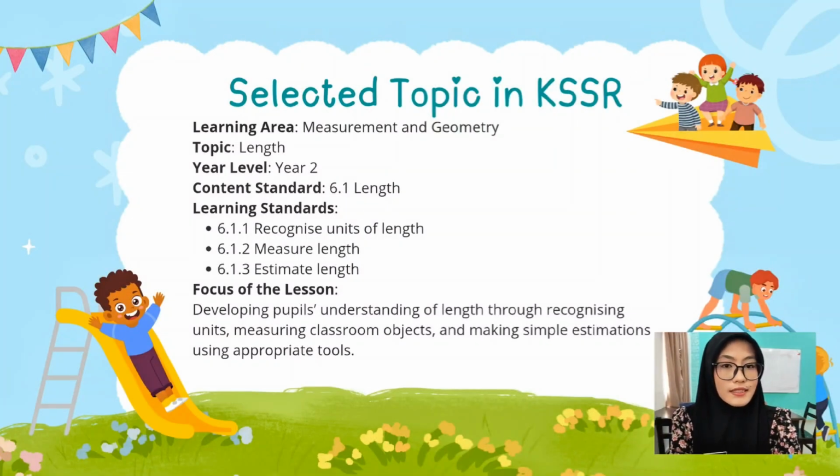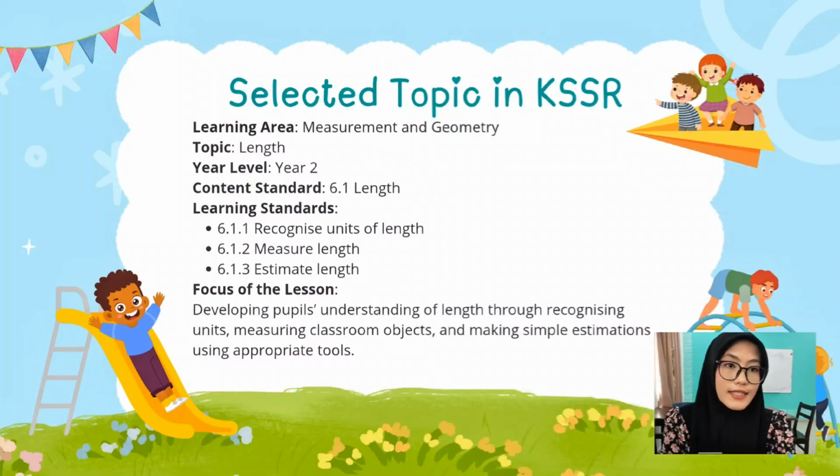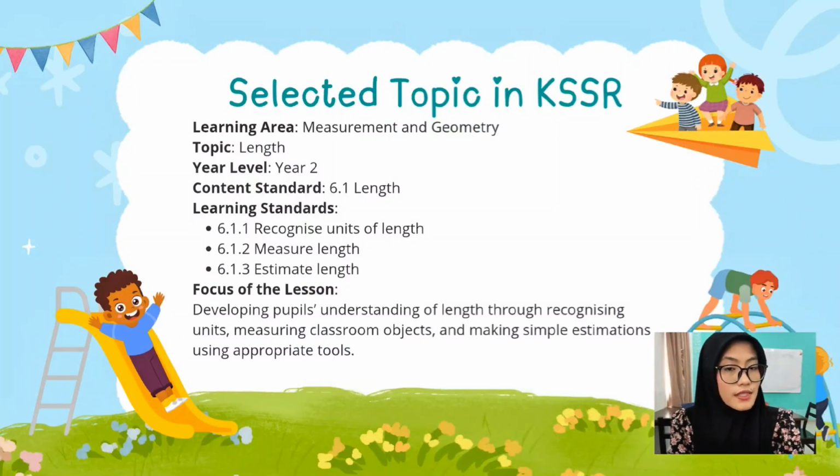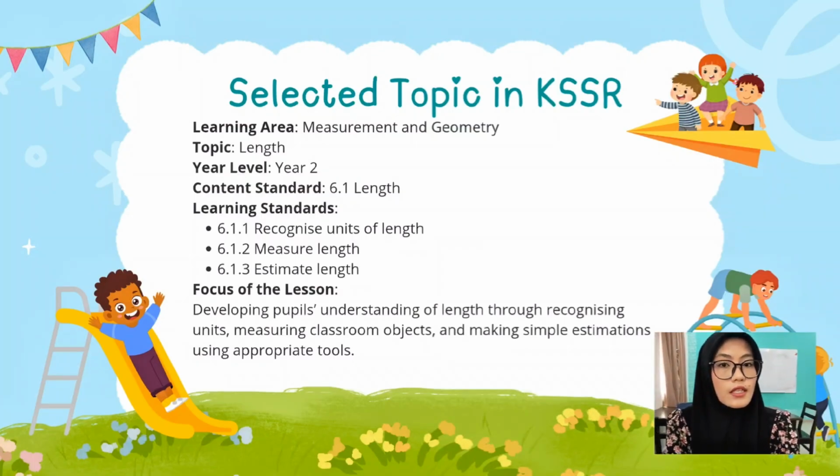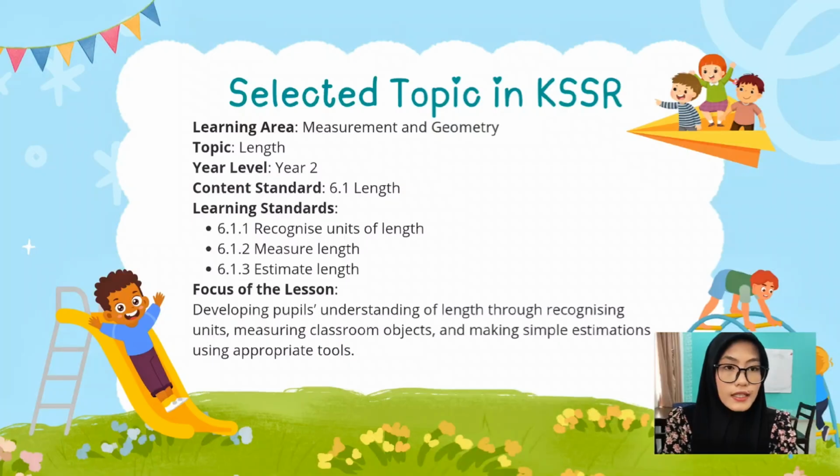Next, the selected topic in KSSR. The selected learning area for this lesson is measurement and geometry, focusing on the topic of length for Year 2. The content standard is 6.1, which focuses on length. The learning standard includes recognizing units of length, measuring length, and estimating length.